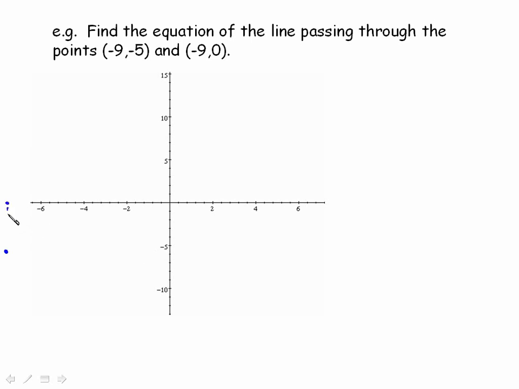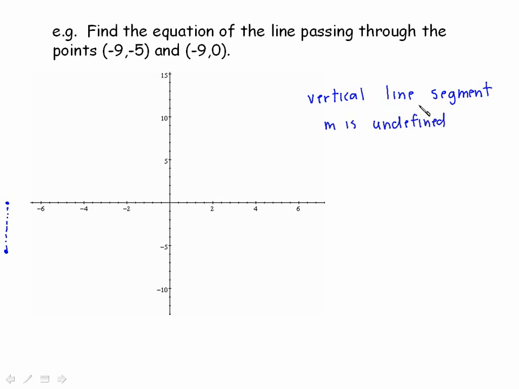Now, what I would draw your attention to is that this is a vertical line segment. And with vertical line segments, we end up having slope undefined. So it's difficult to use any of the methods to find the slope.